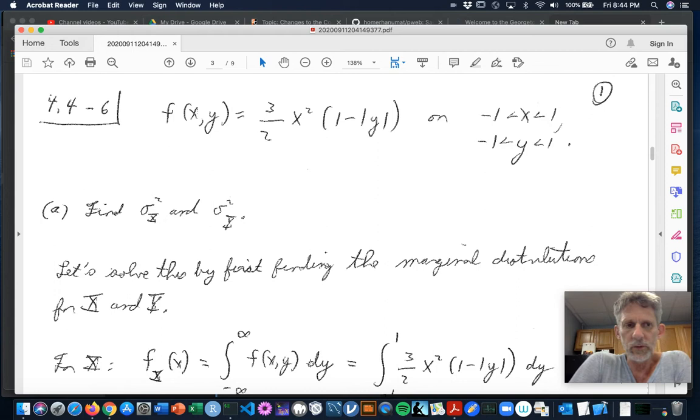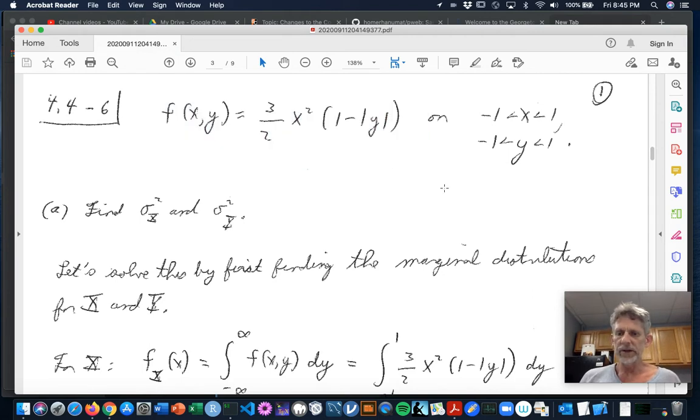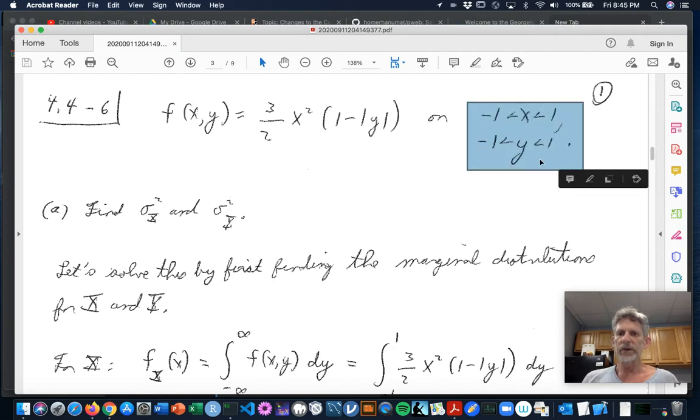Along those lines, I want to look at what was probably the most lengthy of the problems, number 4.4, part 6. This is the one where you have this PDF for bivariate continuous type random variables. The support of both the x's and the y's is between -1 and 1.